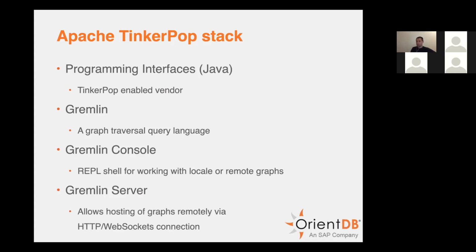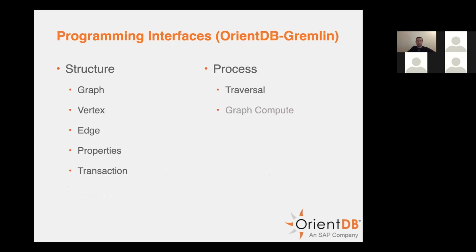OrientDB is shipped with a Gremlin server inside, so you can have a standard Gremlin server running inside your OrientDB and interact with it with standard TinkerPop Gremlin APIs. The concepts are the same. So in Gremlin, you have vertices, edges, the graph properties, the traversal, and also graph compute. Graph compute is a particular feature, and it is not fully implemented in OrientDB, by the way.